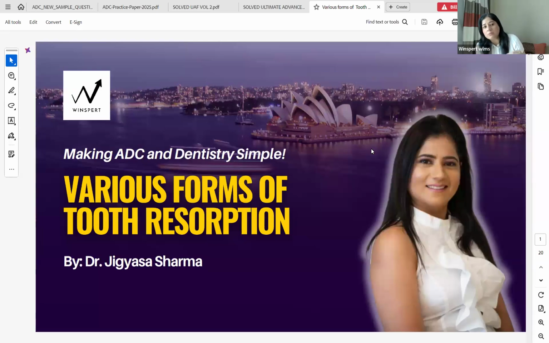But this is one opportunity where I thought we could look at the diagrams and the elaboration. We'll talk about the pathophysiology, the etiology, and the possible treatment plans, because ADC does give every kind of resorption.